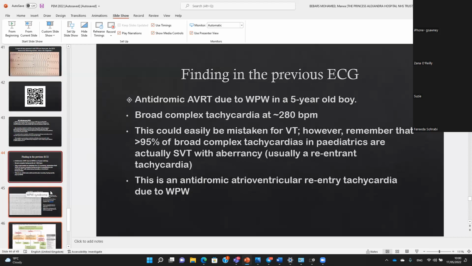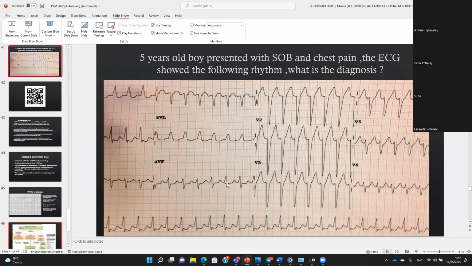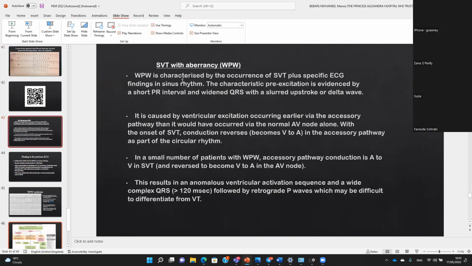So you will find here in the ECG the sloping of the QRS showing the delta wave, and also the short PR interval. The SVT with aberrancy is mostly due to WPW or Wolff-Parkinson-White syndrome.